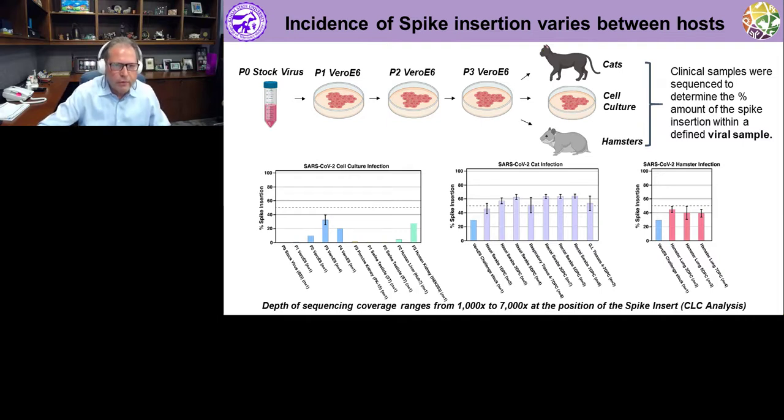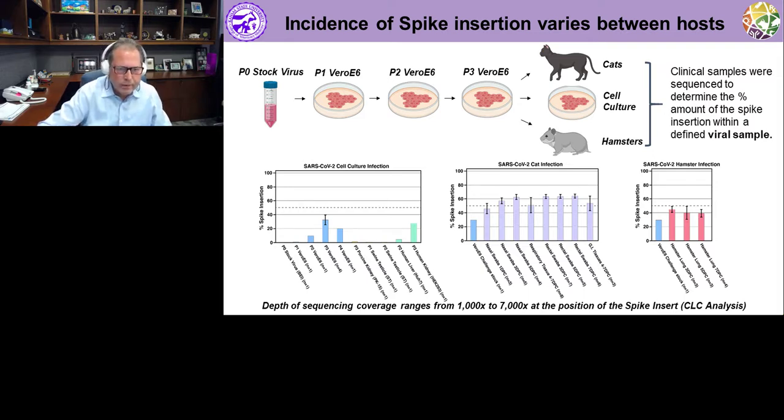From the stock virus via the various passages in Vero cells, we use P3 to inoculate it in cats, in various cell cultures from swine and so on, and into hamsters.